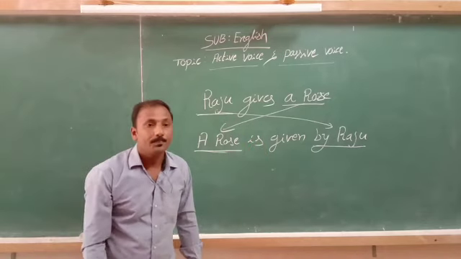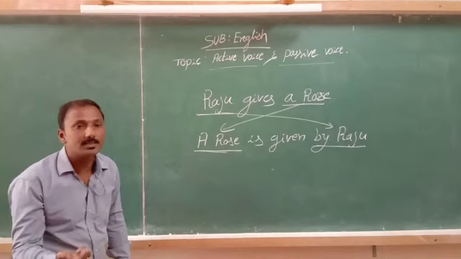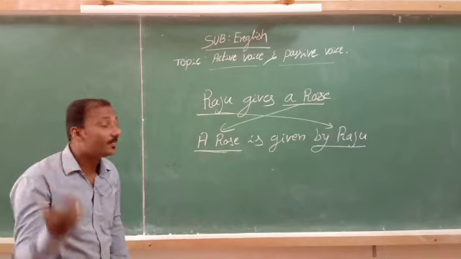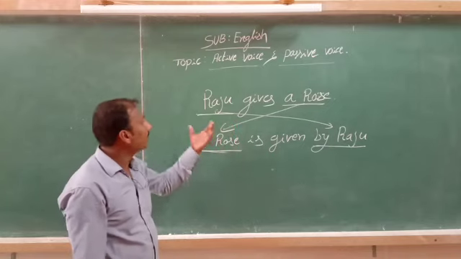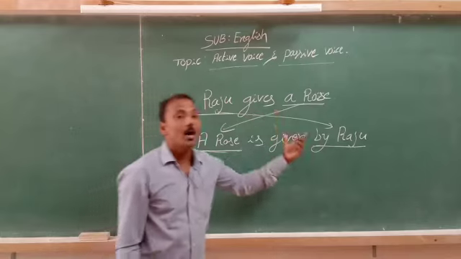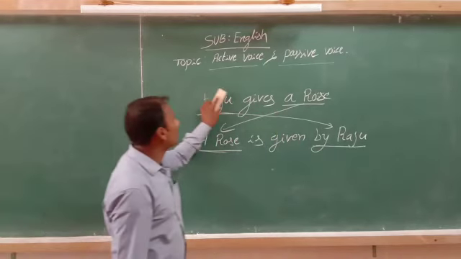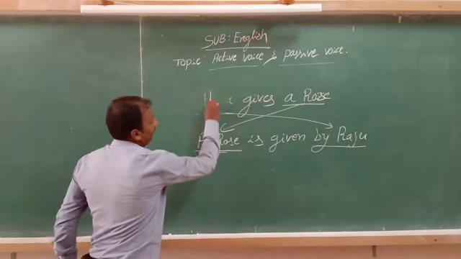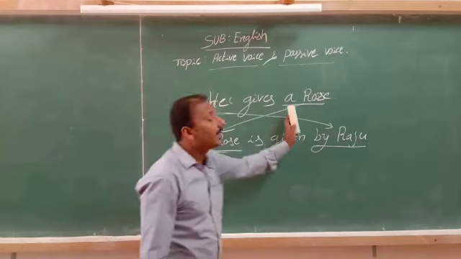Then the second clue: the case of pronoun, suitable changes have to be made. The case of pronoun: we already learned that pronouns take a subject case and an object case. For example, instead of Raju, we use he. He gives a rose.